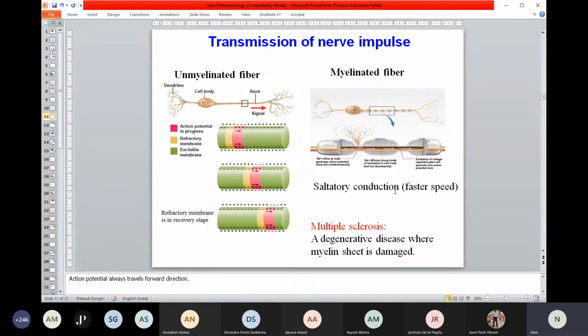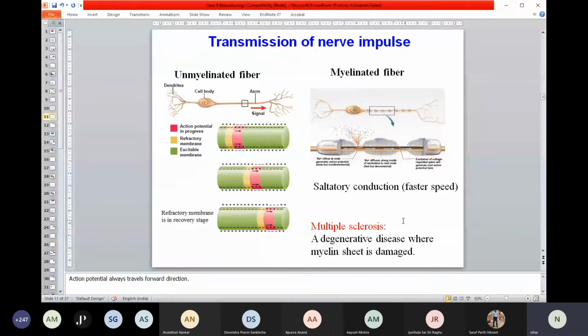Now I just want to mention one disease that is caused by a problem with the myelin sheath. In some cases, the myelin sheath might be damaged because of either a viral infection or some unknown cause. That disease is called multiple sclerosis.